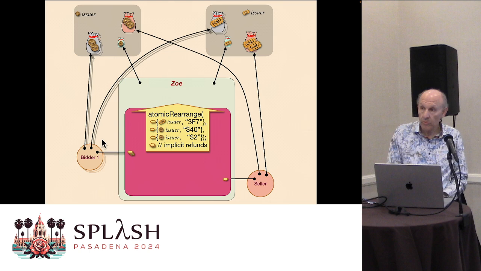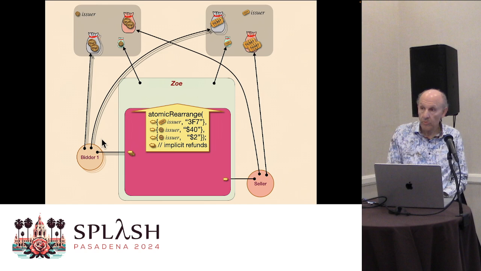It tells Zoe, allocate to bidder one the ticket, moving that allocation from the seller to bidder one, move $40 from bidder one's allocation to the seller's allocation, because let's say that was the amount of the second price, and then give back to bidder one the change, which is $2.